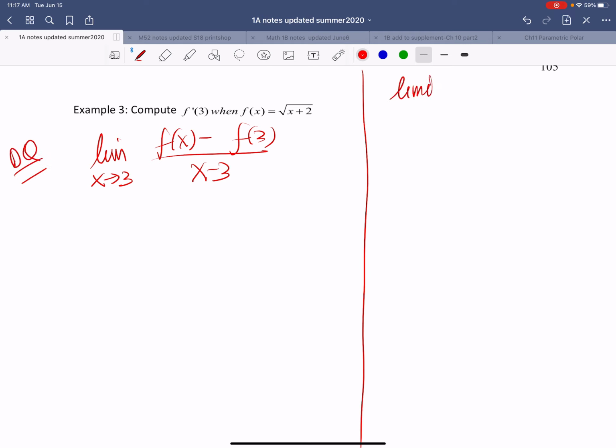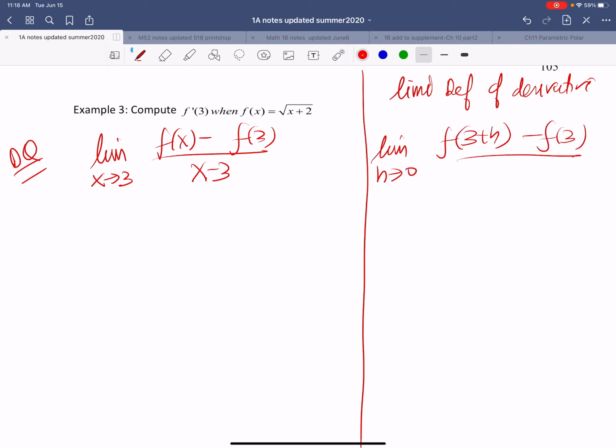Or you could use the limit definition of derivative, which says limit h approaches 0, f of 3 plus h minus f of 3 divided by h. Both are the slope formula, difference in the y coordinates divided by difference in the x coordinates. Let us proceed with the difference quotient.